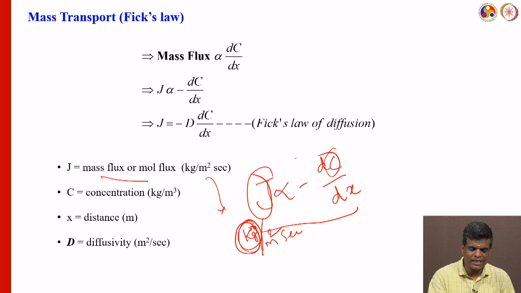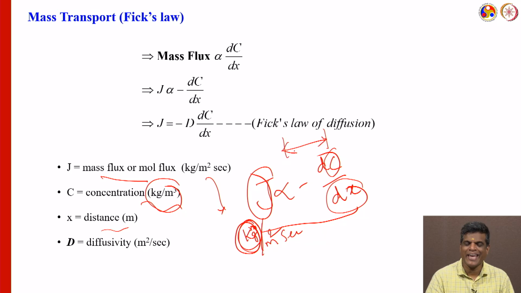C stands for concentration, and the unit is kg per meter cube. The distance, that is, the distance the mass travels from one place to another, we call x. To remove the proportionality constant, J equals minus D ∂C/∂x.